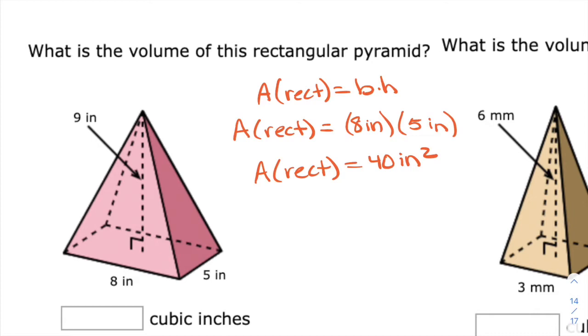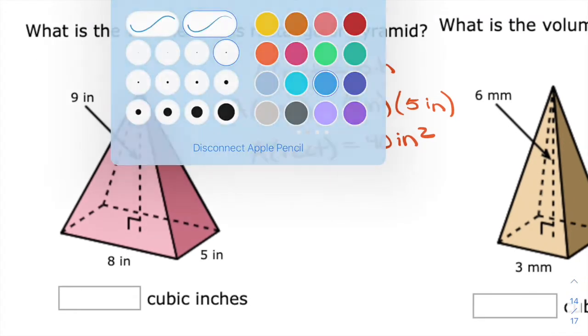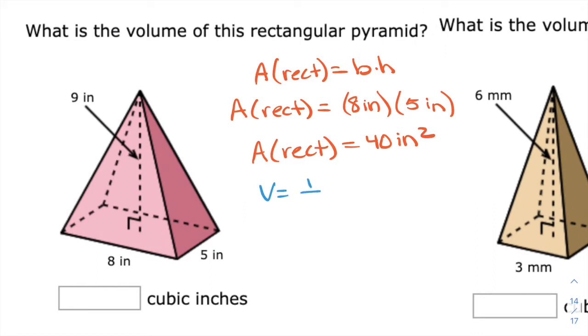All right. And the next part of this is volume is 1/3 base times height. And so volume is 1/3 of the base, which is 40 inches squared, times height, which is 9 inches.